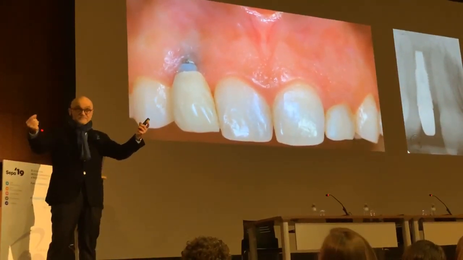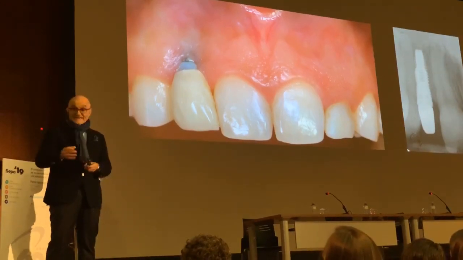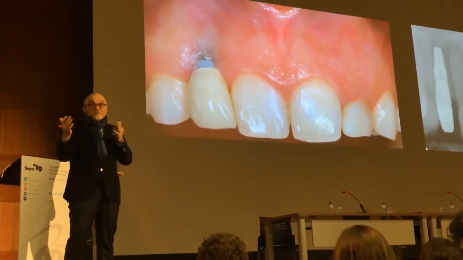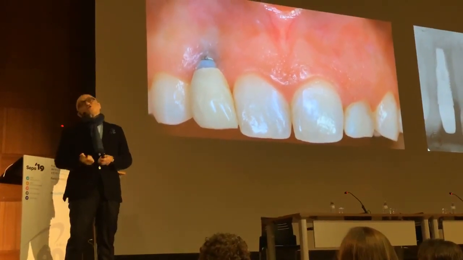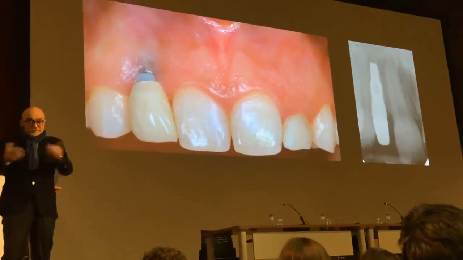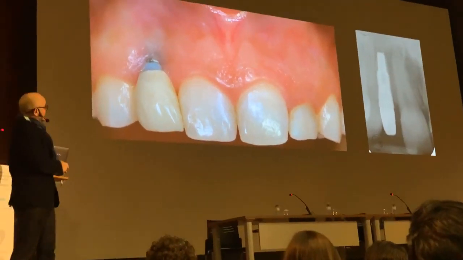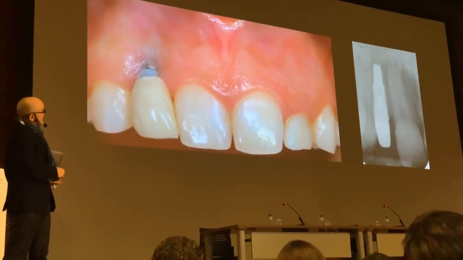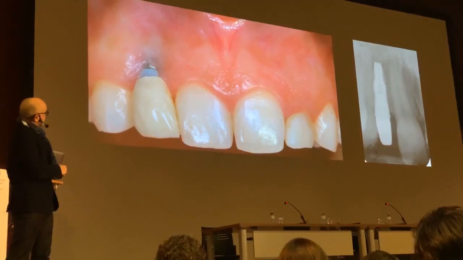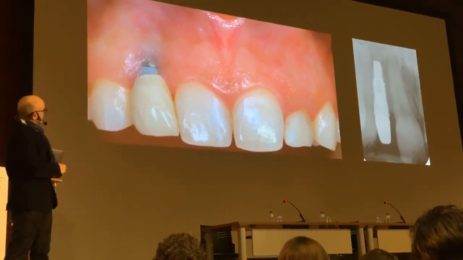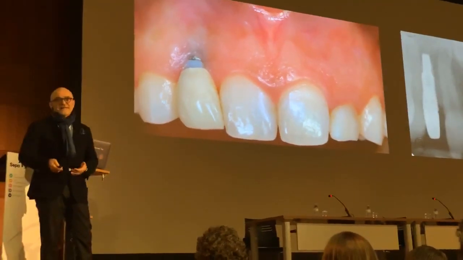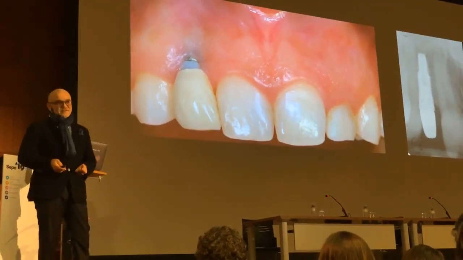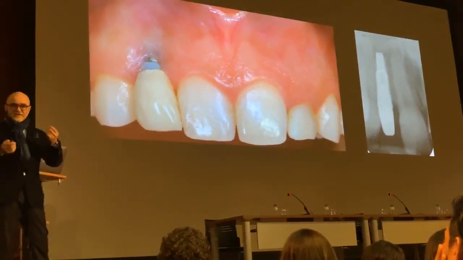Because yes, we know that the implant should be placed at the right distance, about 3.5 millimeters from the soft tissue margin of the homologous tooth. But if the homologous tooth is wrong, you cannot place the implant. Because in this case, the implant was placed exactly 3.5 millimeters from the soft tissue margin of the adjacent tooth. But what was the problem? That this was not the correct position of the soft tissue margin of the adjacent tooth.